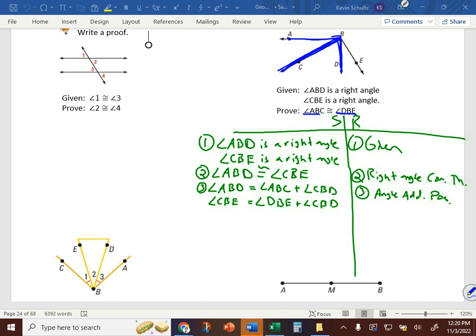We did the same logic with angle DBE, which is the other one we have to bring into the party, right? DBE plus angle CBD equals the other angle that we had labeled as a right angle, CBE, right? This angle plus this angle equals the whole angle, essentially. Okay?